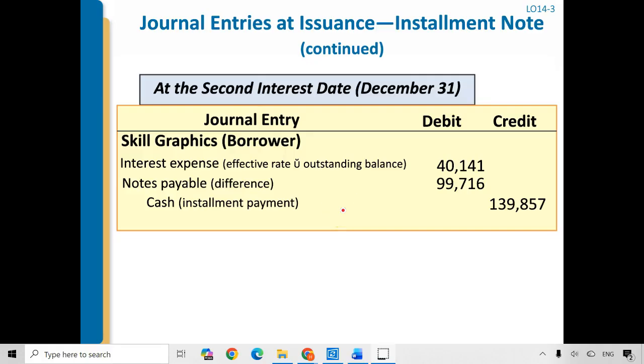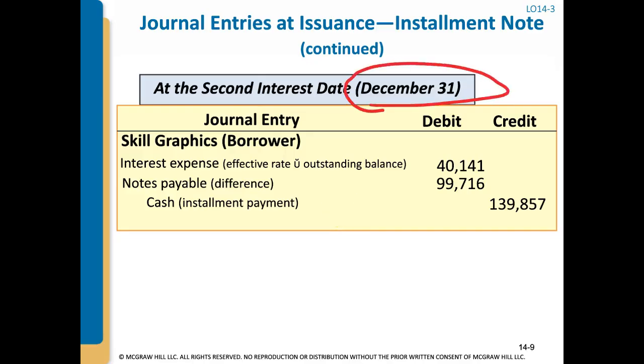So let's go over the journal entry that we would record on December 31st. This is the second payment. Skill Graphics, the borrower, is going to debit interest expense for the $40,141. Credit cash for the payment, same entry, same amount every single payment, $139,000, and then the difference will be a debit to the notes payable account.